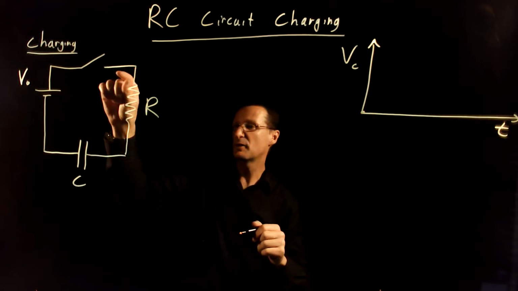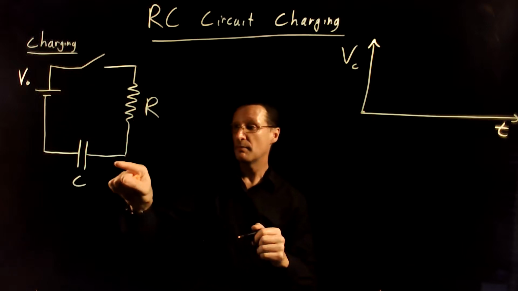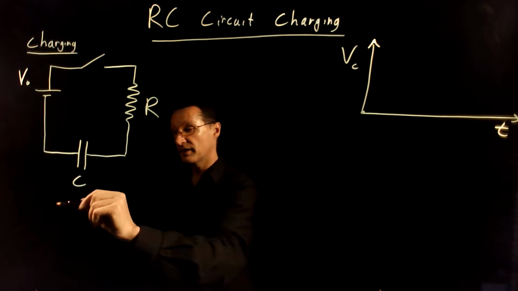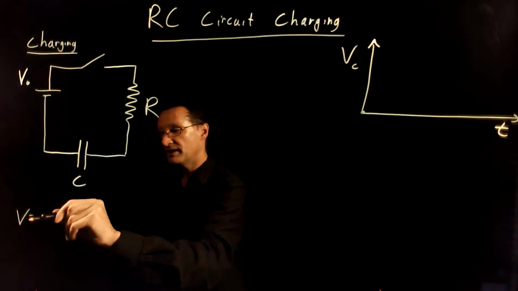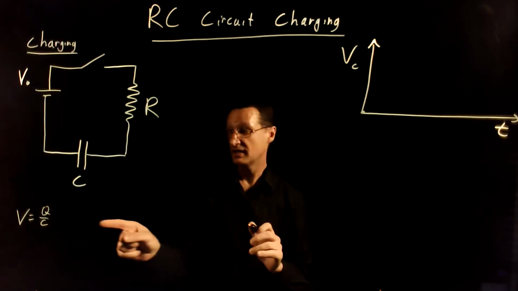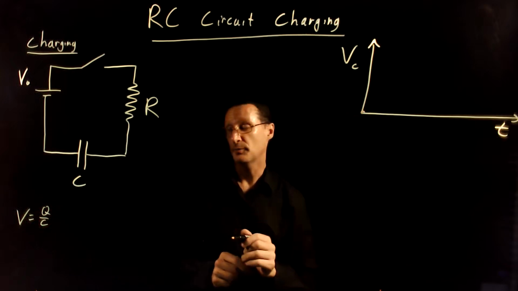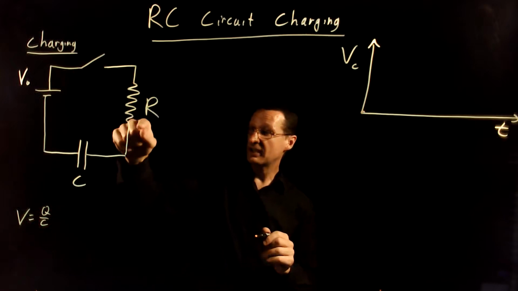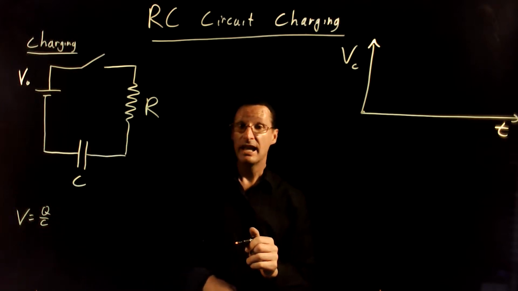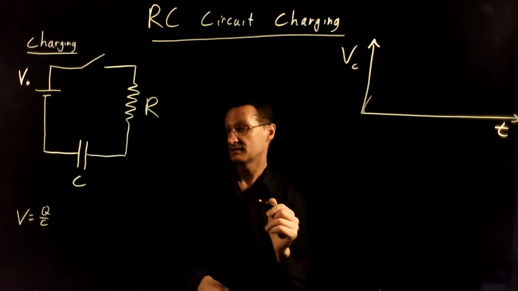The instant I throw this, the current is going to rush through, but no charge has yet accumulated. And remember, for a capacitor, V is equal to Q over C. If there's no charge on the capacitor yet, there's not going to be any voltage across the capacitor. So we start out at 0. But then over time, as the current continues to flow, more charge will be deposited on here, and so the voltage across this will increase.